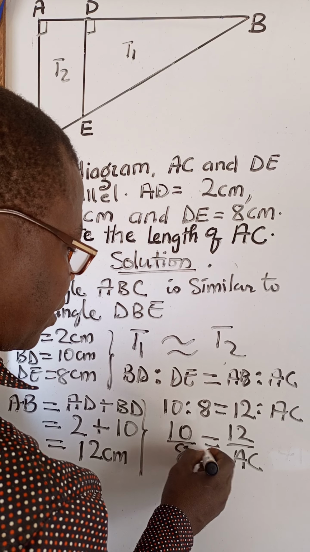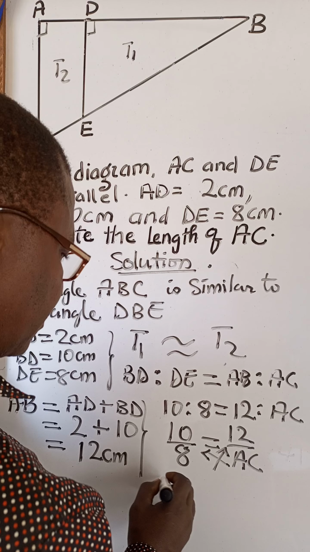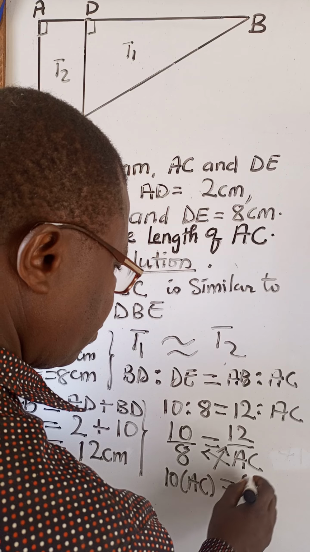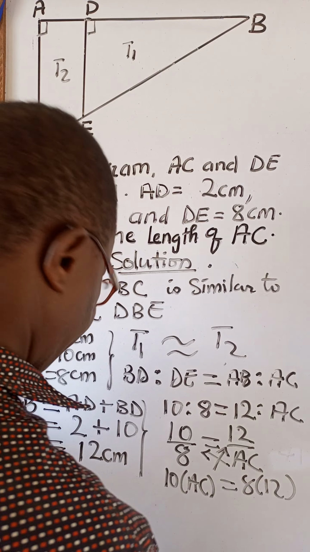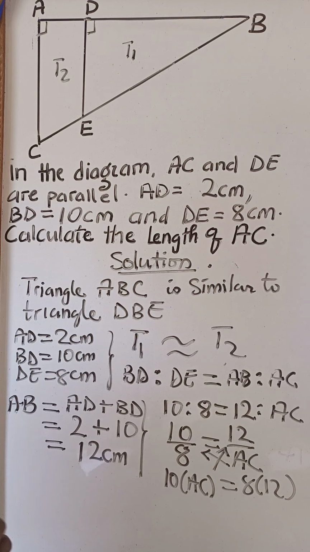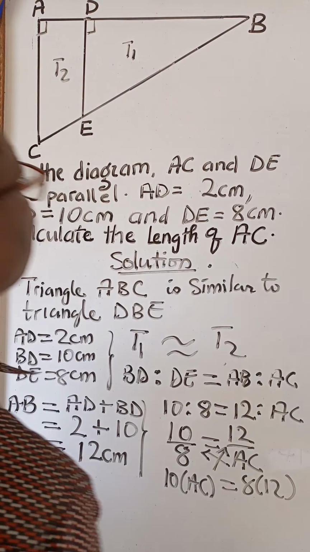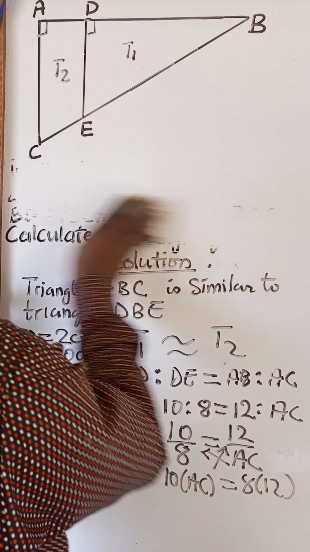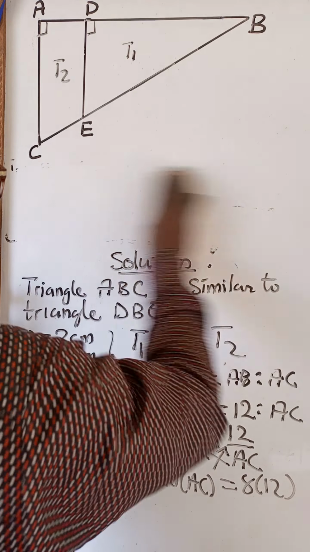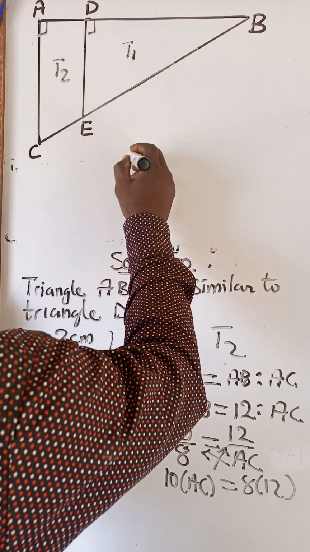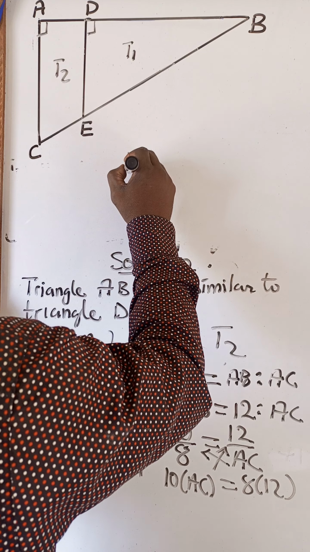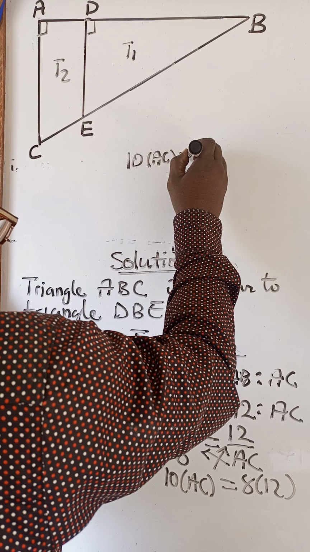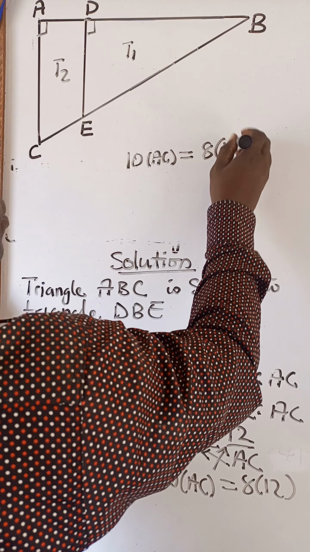So from here, we can cross multiply, so that we have 10 AC is equal to 8 times 12.